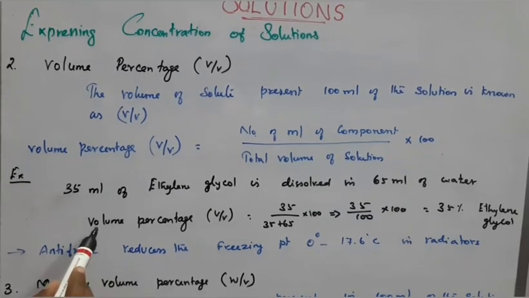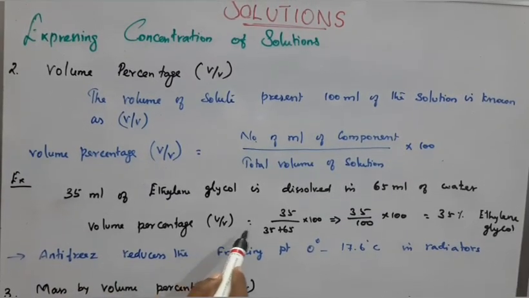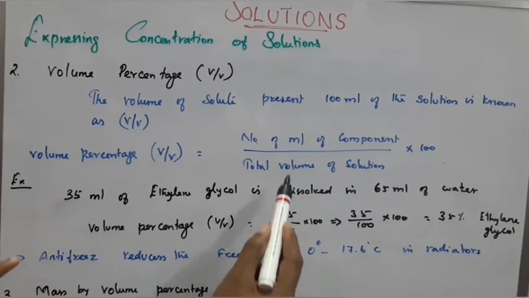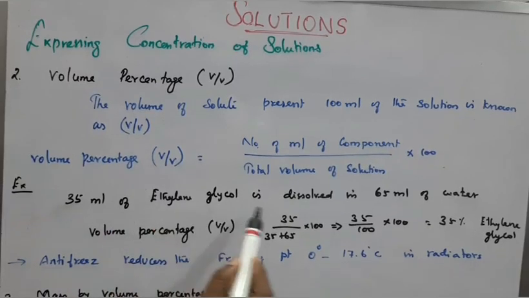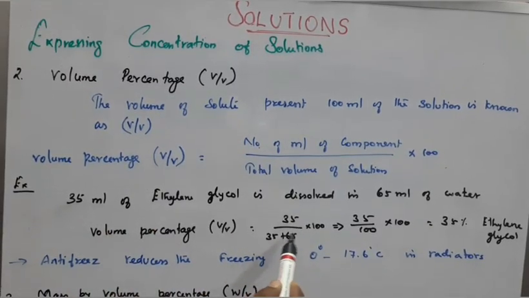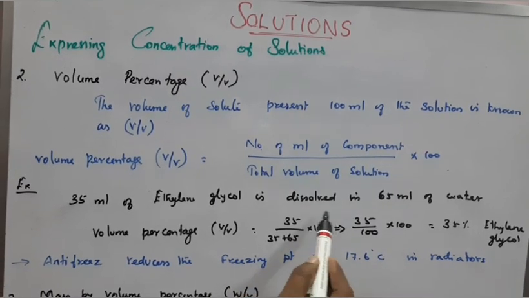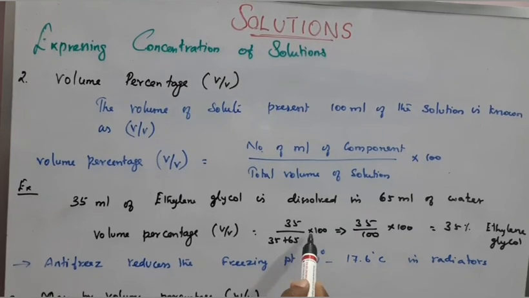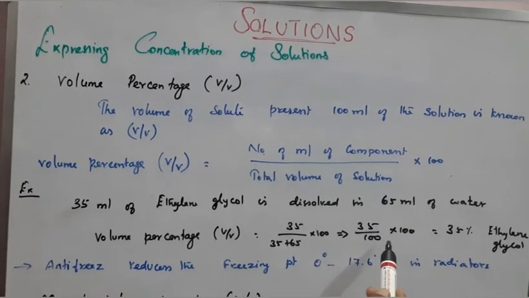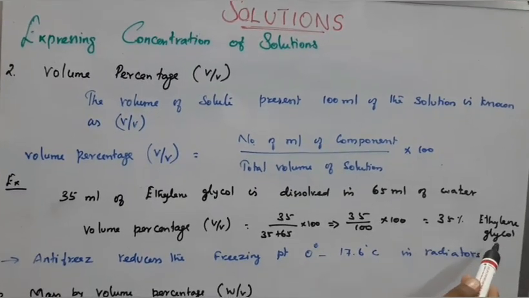How can we calculate the volume percentage? It is 35 divided by 35 plus 65, multiplied by 100, so we get 35 percent by volume of ethylene glycol.